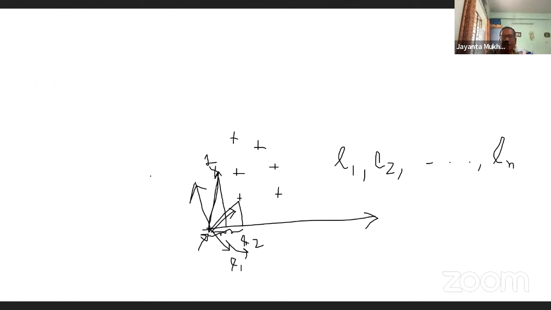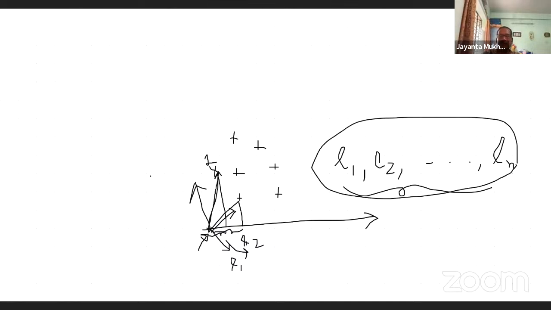So now what you can do, you can define the variance of these particular data points or projections. You know that in the definition of variance, it is basically the average of the square of distances.